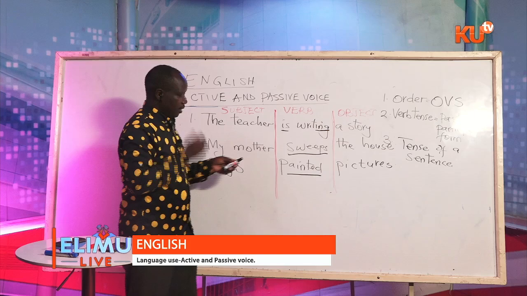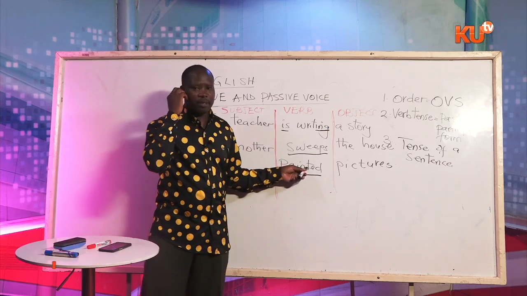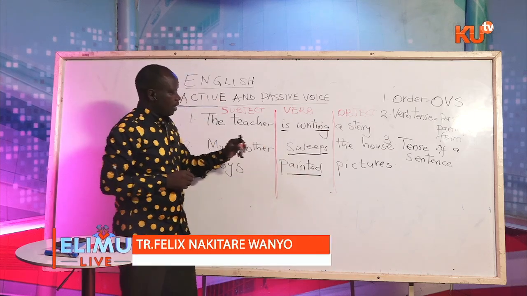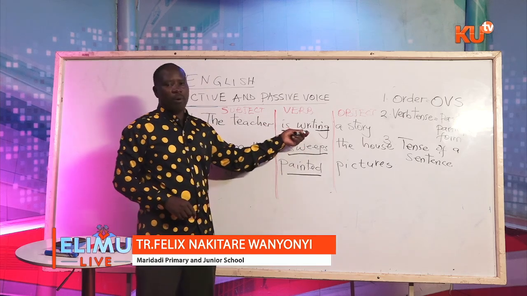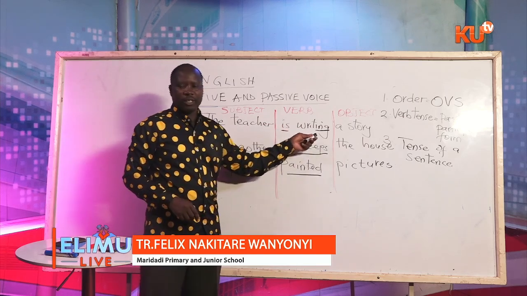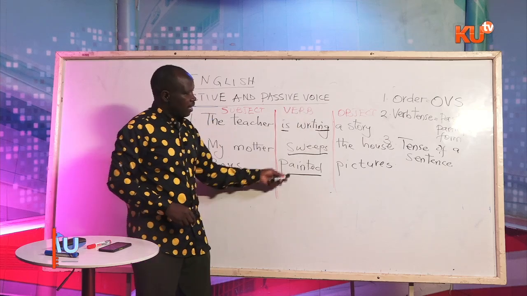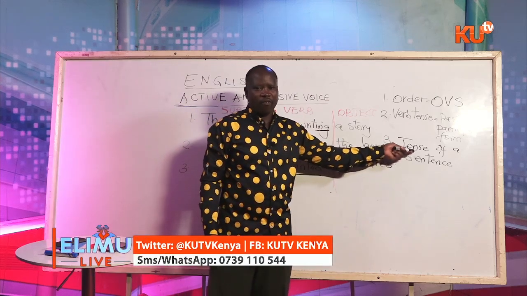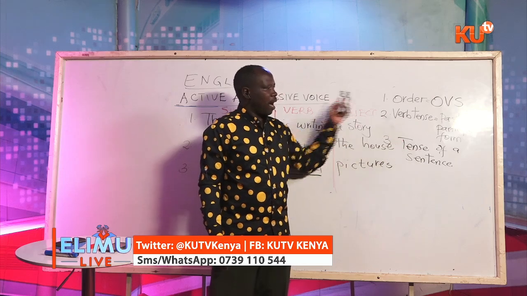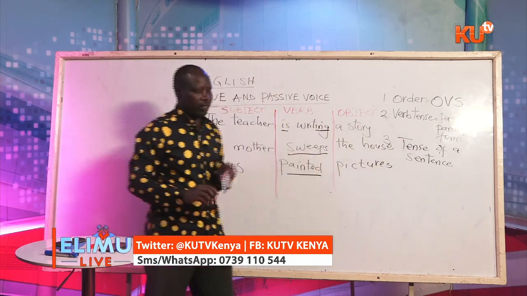So we find that our sentence number 3 is in past simple tense, our sentence number 2 is present simple tense, and our sentence number 1 is present continuous tense. So these tenses will affect something under rule number 3 of changing from active to passive voice.